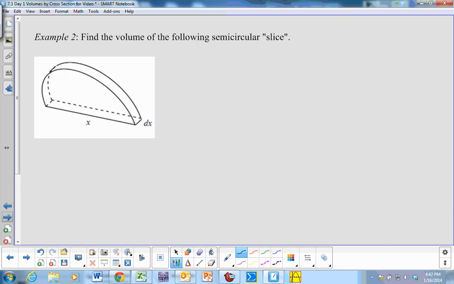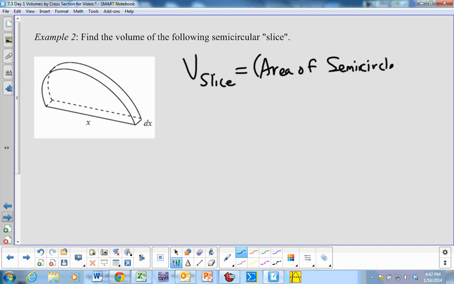All right, so here's a semicircular slice, again shown with dx being the little bit of the width. The volume of this slice is going to be simply the area of that semicircle times dx.